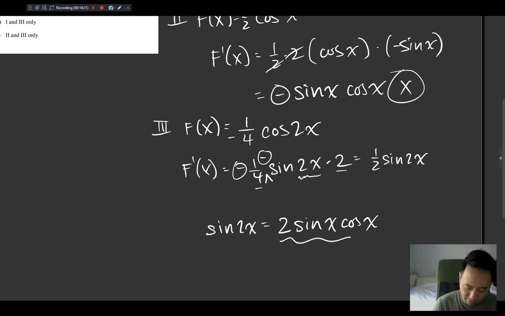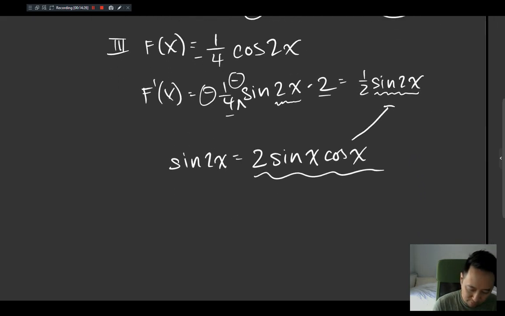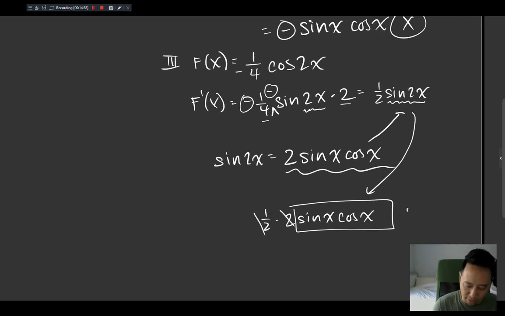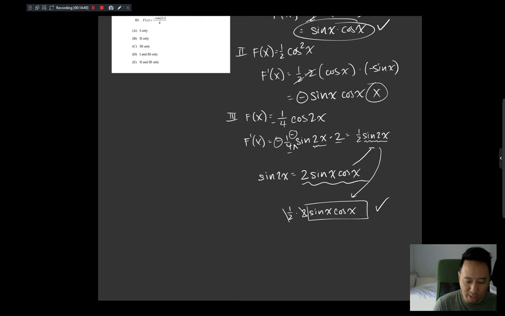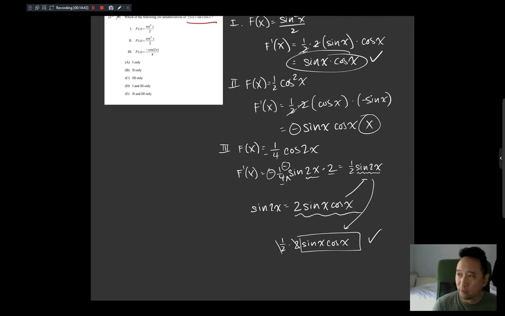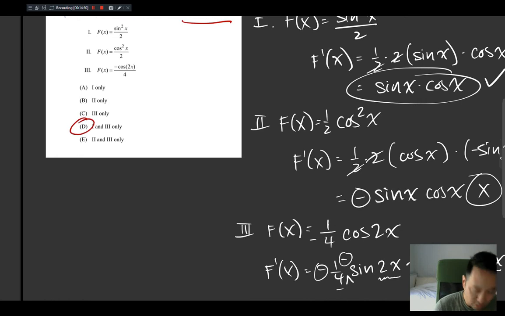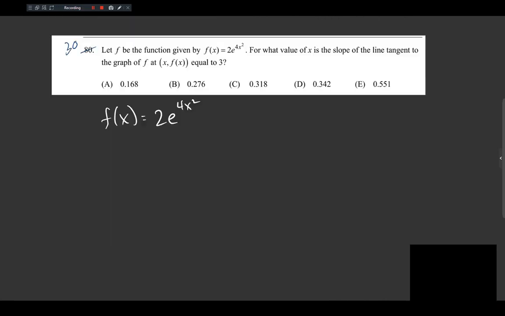So if I input this for just this part right here, I'm going to bring that down here, you'll get 1/2 times 2 sine of x cosine of x, which, chop chop, hey, that is part of my answer. So this one actually works too. So it looks like choice 1 and 2 work. I'm sorry, not 1 and 2. 1 and 3, which means choice D is your correct answer.